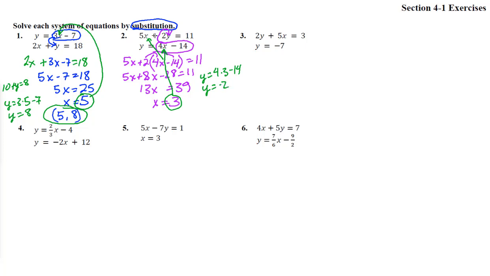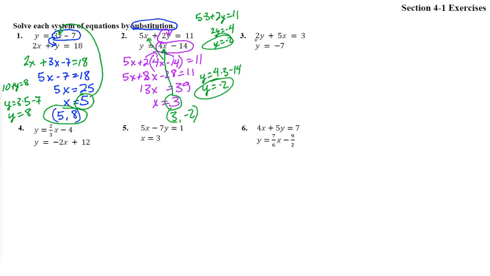Or if we had stuck it up here, we would get 5 times 3 plus 2y equals 11. 15, subtract it over there, and we get 2y equals negative 4, y equals negative 2. It doesn't matter which equation we do, it better come out to be the exact same answer, because (3, negative 2) is indeed the point that works in both of those lines. It is the intersection of them.